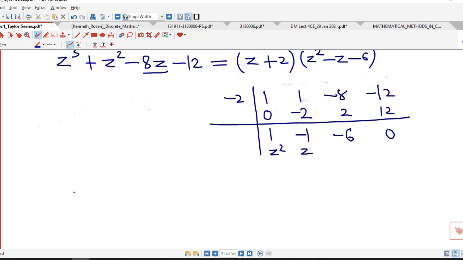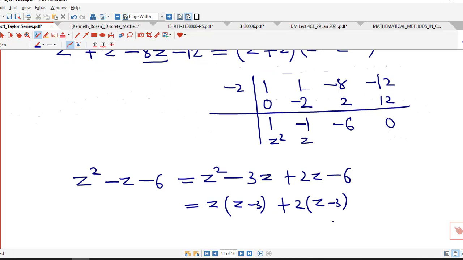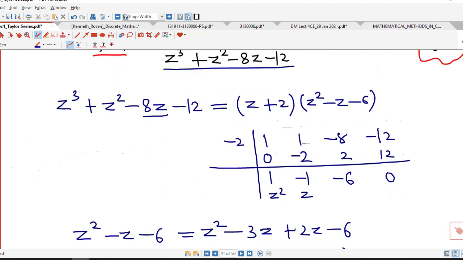So we try to further factor z square minus z minus 6. This we can rewrite, minus z can be rewritten as minus 3z plus 2z, minus 6. So from this we obtain z into z minus 3 plus 2 into z minus 3. So again, the factors of this quadratic are z minus 3 times z plus 2.